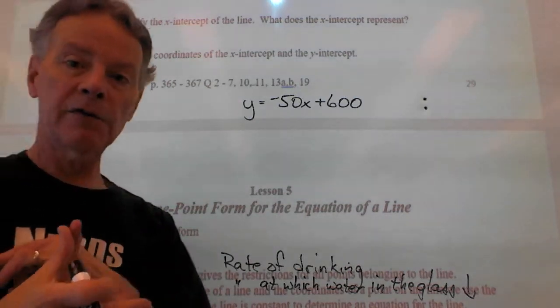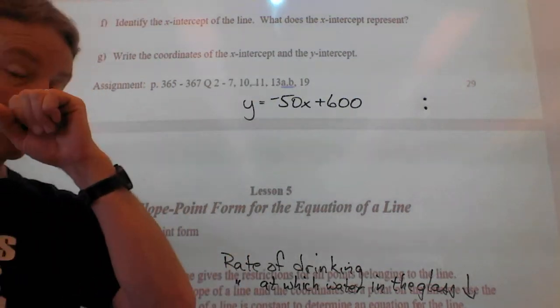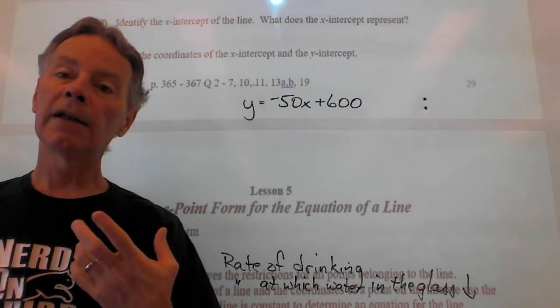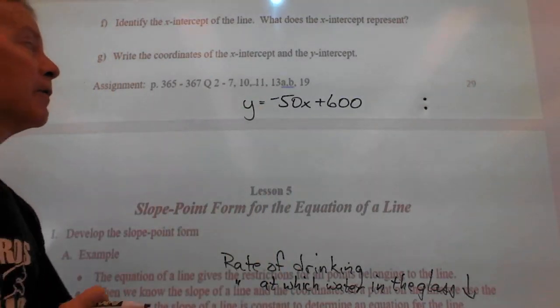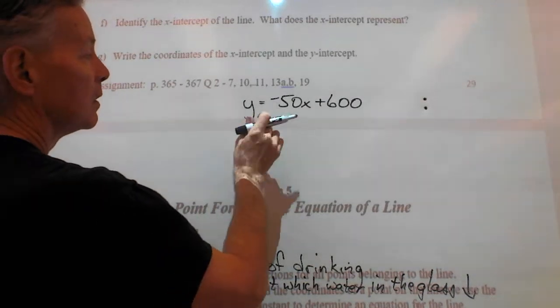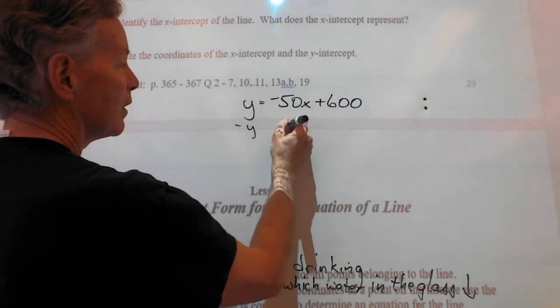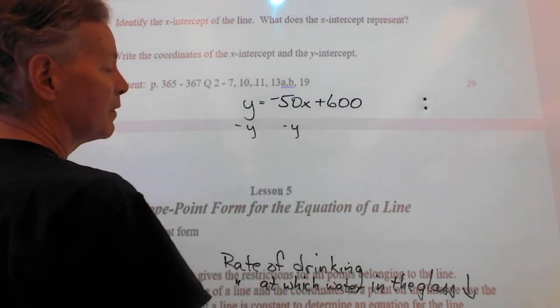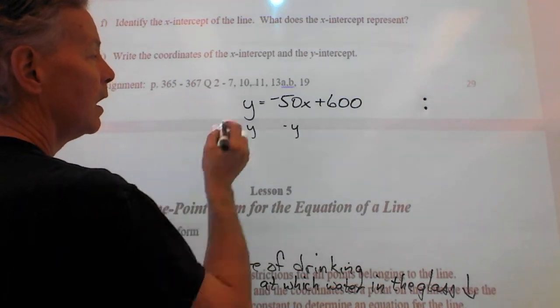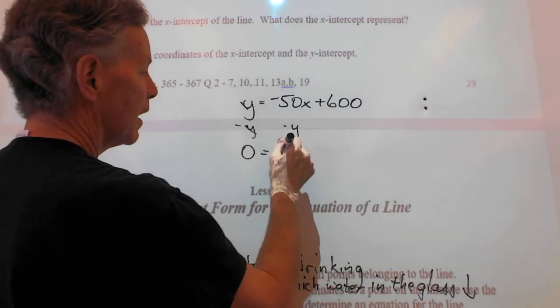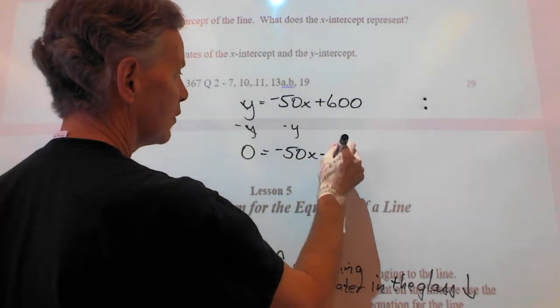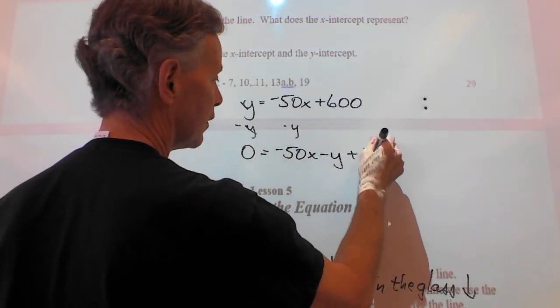All the numbers have to be, or at least the number attached to x has to be a whole number, and the number in front of x has to be positive. Okay? So, take away y from both sides. Remember, we did some examples of this at the very beginning of the lesson. Y minus y is 0, and we get 0 equals minus 50x minus y plus 600.